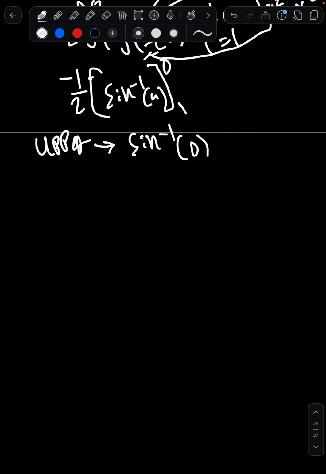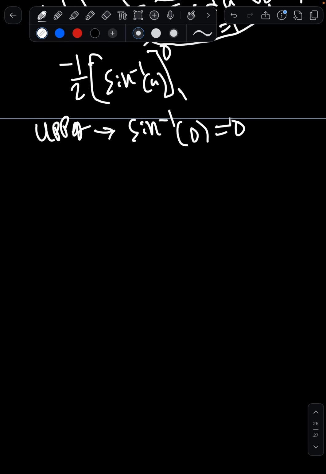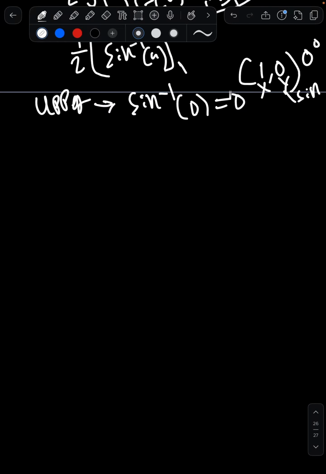So inverse sine of 0 is equal to 0, and the reason why is because 1, 0 is the coordinate at 0 degrees on the unit circle. We know that this is x and this is y, where this is sine. See how sine at 0 degrees gives us 0 as the coordinate? That's why.